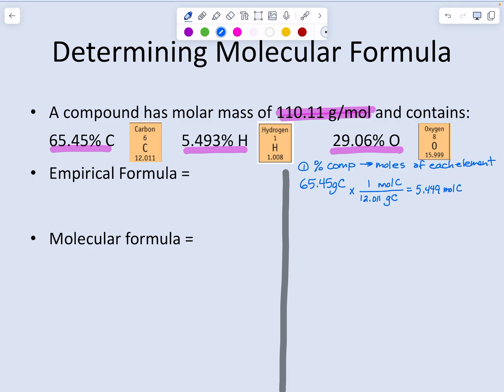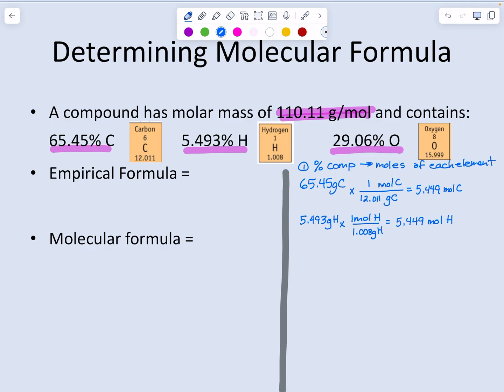All right, so next up is hydrogen, 5.493 grams of hydrogen. And in 1 mole of hydrogen, we've got 1.008 grams. And that comes out to be 5.449 moles of hydrogen. Okay.